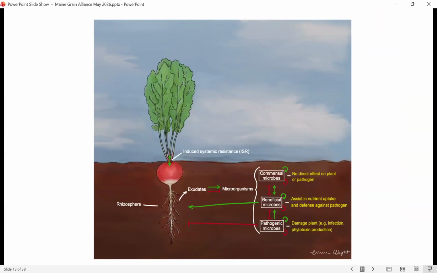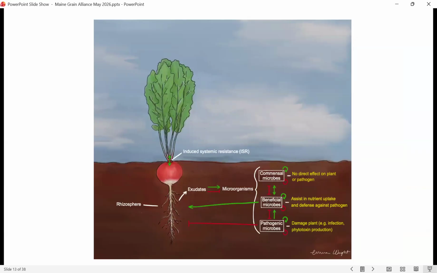Now, when we think about the soil, in terms of interactions, there's really an interdependency between plants and the soil food web. There's a heavy concentration of organisms anywhere around the root, and we call this region the rhizosphere.